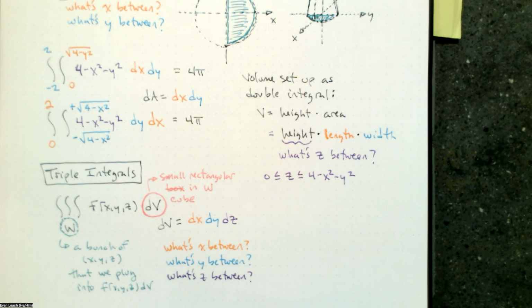What that means is that we could describe the volume that we looked at yesterday, the volume under 4 minus x squared minus y squared and above this semicircle in the xy plane. We could have described that volume using a triple integral.